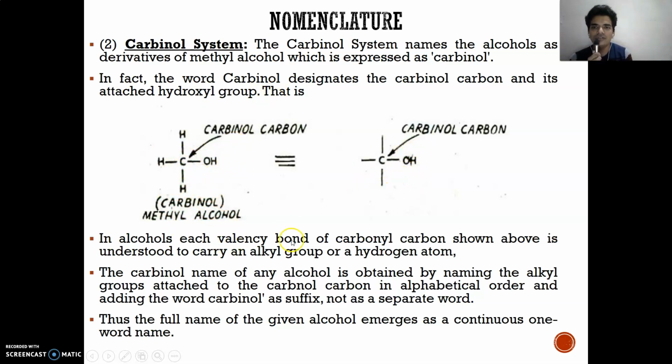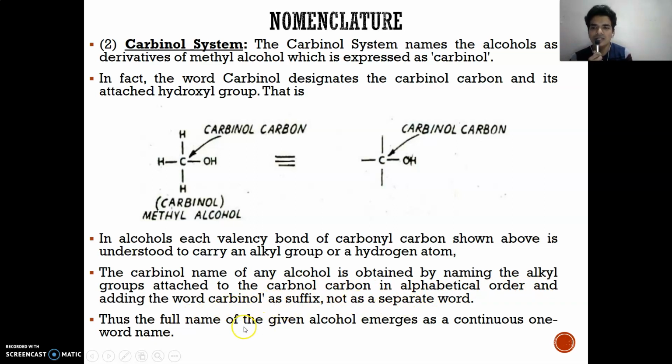Each valence of the carbinol carbon is understood to carry an alkyl group or hydrogen atom. The carbinol name of any alcohol is written by naming the alkyl groups attached to the carbinol carbon in alphabetical order, and adding the suffix carbinol, not as a separate word.